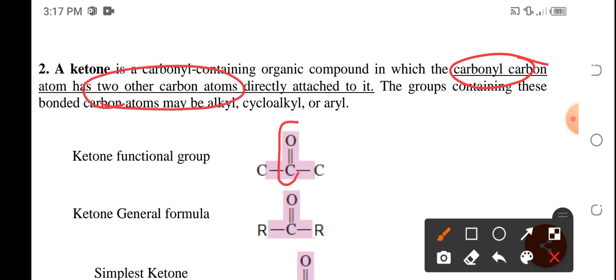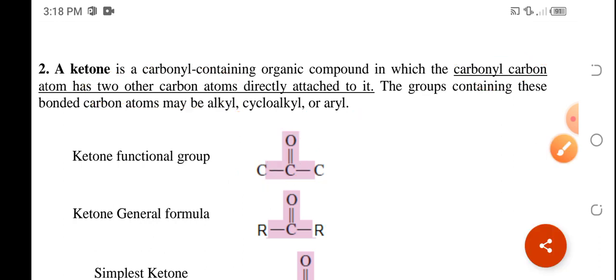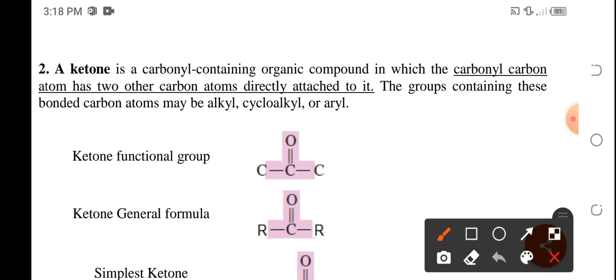So the carbonyl group should be sandwiched between two other carbon atoms or series of carbon atoms. It could be an alkyl, cycloalkyl, or an aryl. There is no hydrogen, such that our general formula is RCOR, that's R, C double bond O, R.